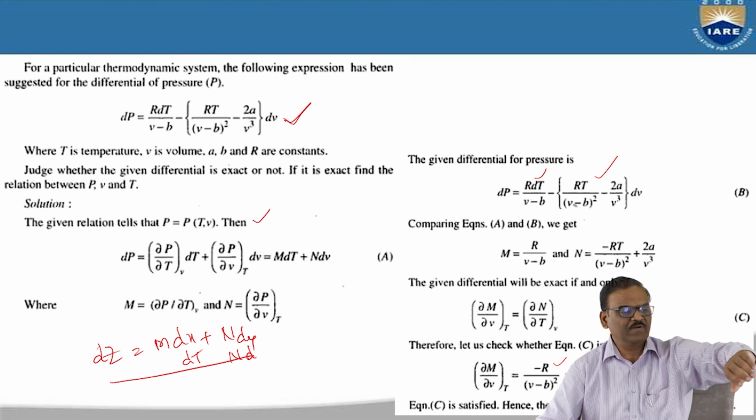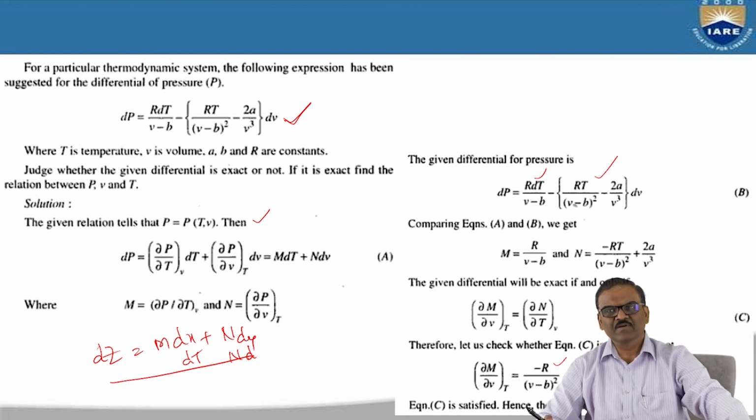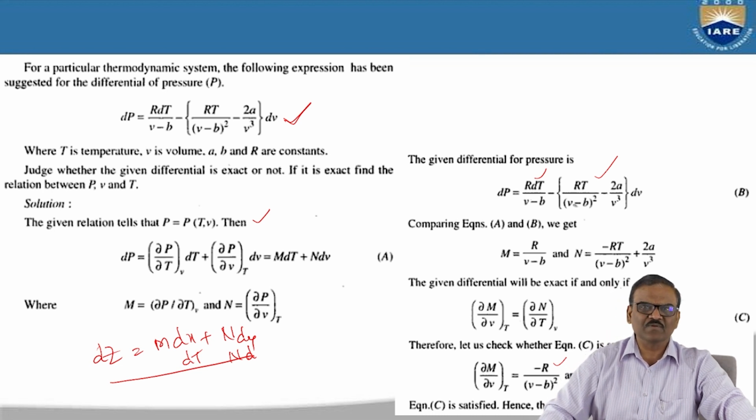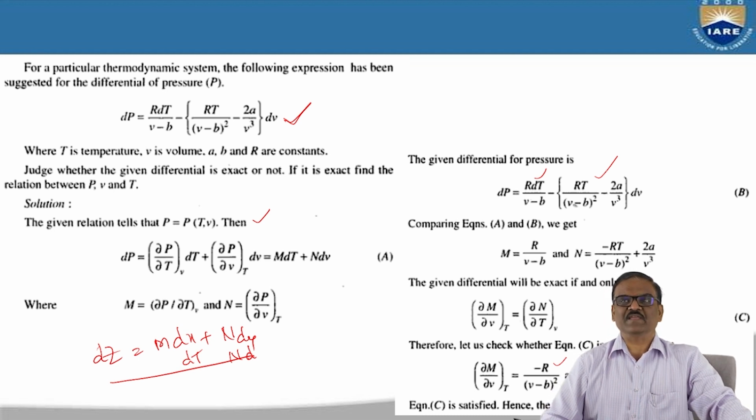This is how we are going to find out in any given problem whether it is an exact differential, whether it is a property or a path function. So the given expression dp is equal to R dT by (v minus b) minus RT by (v minus b) whole square minus 2a into v cube into dv is a property.